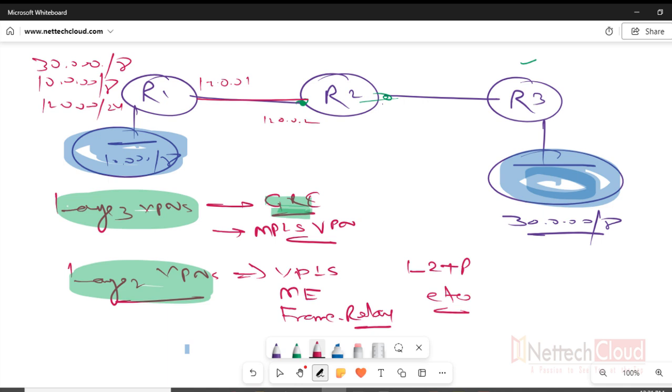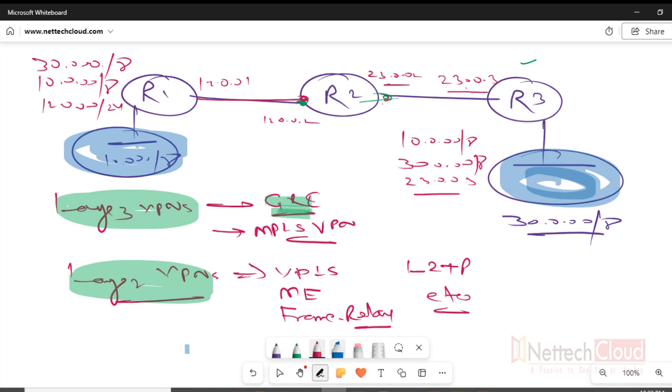R3 also has routing information about the remote 10 network, and also the locally connected networks 30 and 23.0.0.3. 23.0.0.2 is here.